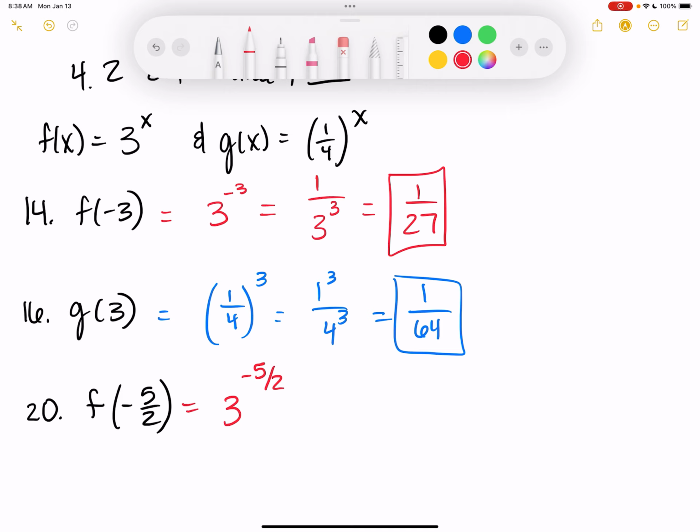The negative sign says I need to move it to the bottom. So I'm going to have 1/3 raised to the 5/2. Does anybody remember what a fraction exponent means? Yes, it's the square root of 3 to the 5th power. So whatever the denominator is, that's the root, and then the other one is your power. So this would be 1 over the square root of 3 to the 5th.